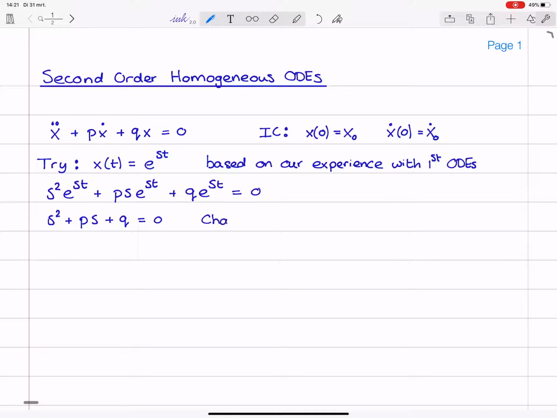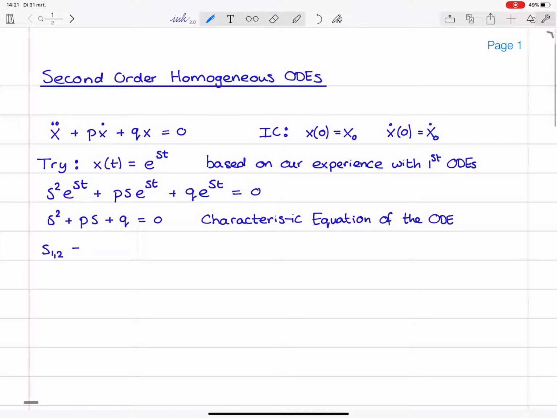And this equation is called the characteristic equation of the ODE. So this is the equation from which we should solve s such that the trial function is indeed a good solution.